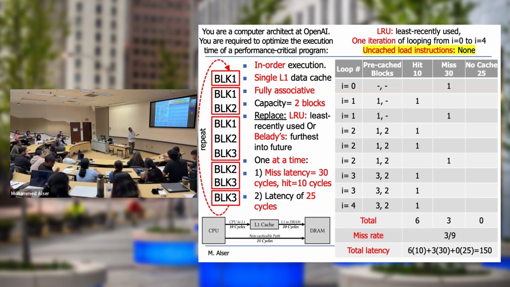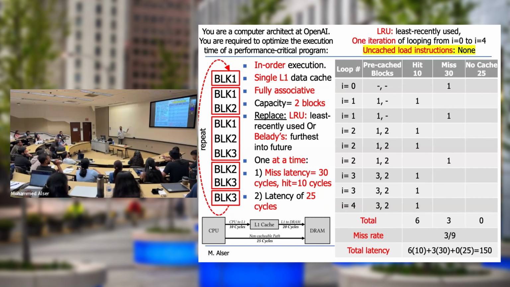Now what is the total number of hits? 6. Total number of misses? 3. Right. Now what is the miss rate? Excellent. So the number of misses over the total memory requests. We don't have the total memory requests, but we have the hits and misses. You have a third case, so it's either a hit or a miss.